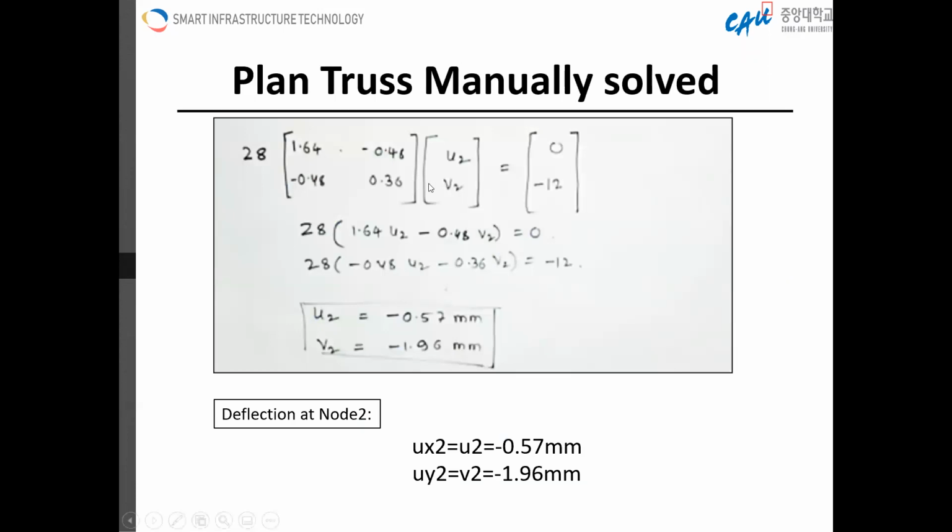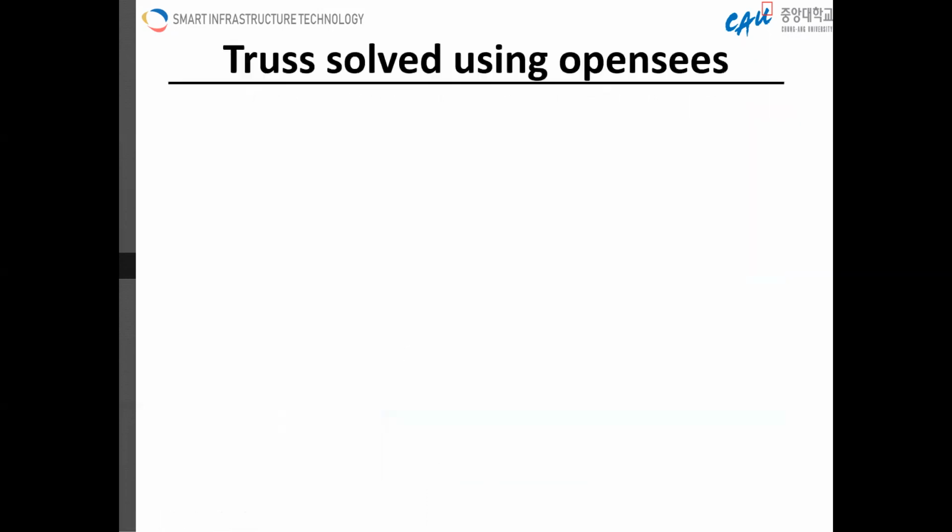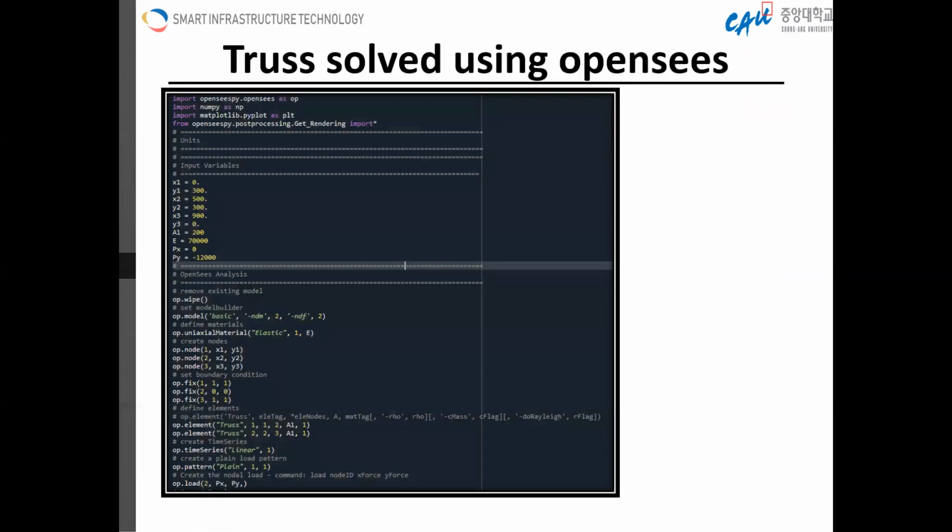We were left with these two equations, and out of them we extracted 0.57 millimeter in the horizontal direction and 1.96 millimeter in the vertical direction. Now we are going to use OpenSees to solve this example.